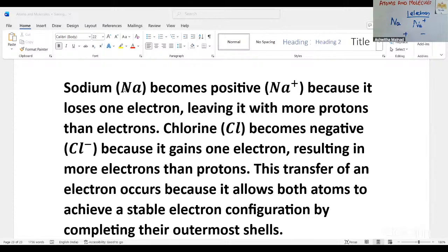It donates one electron, leaving it with more protons than electrons. So the number of protons is more compared to electrons. And chlorine becomes negative because it gains one electron. One electron passes from sodium to chlorine, resulting in more electrons than protons.